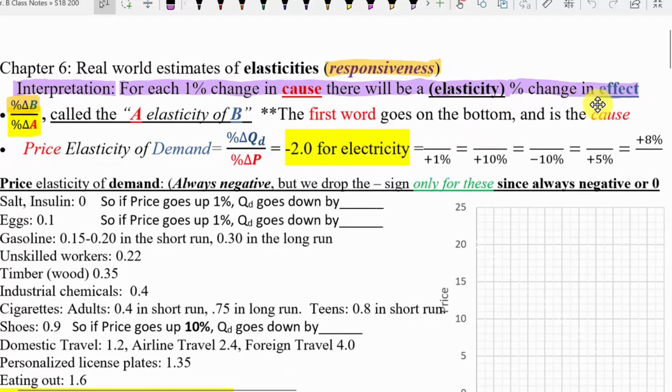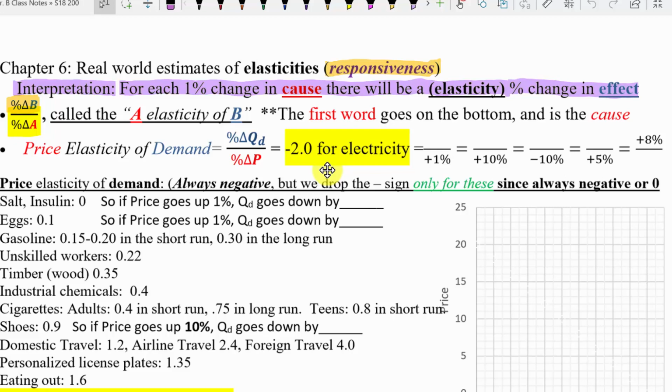Okay? So what we're seeing here is when the price goes up 1%, people use 2% less. When the price goes down 1%, this -2 says there's this inverse relationship. People do the opposite thing with the quantity as to what happens with price. Price goes up, quantity goes down. Price goes down, quantity goes up.